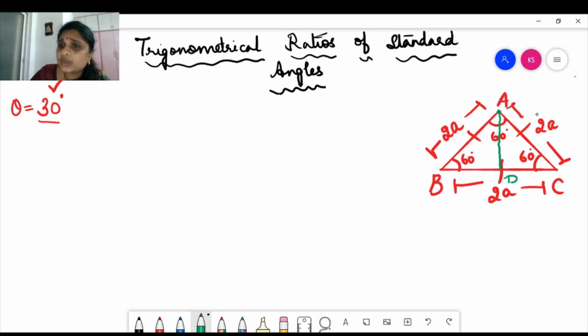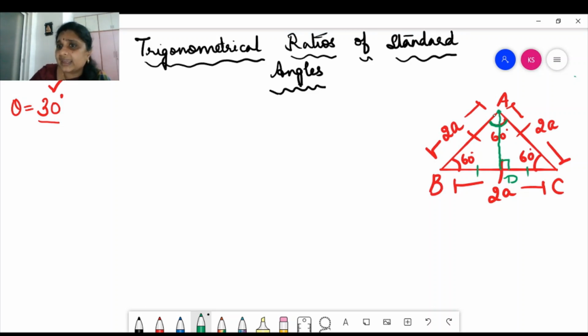Since this is an equilateral triangle, the perpendicular from the opposite vertex will definitely bisect the base. This perpendicular will be the perpendicular bisector of the base, so it will bisect the base. Not only that, in an equilateral triangle, when you draw a perpendicular from the vertex, it will be the angle bisector of the angle from where you drop it.